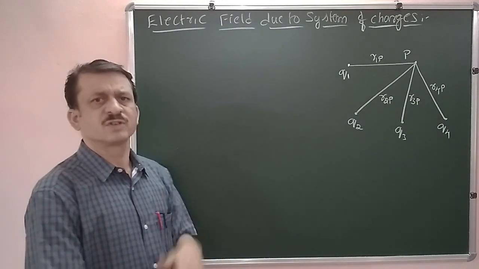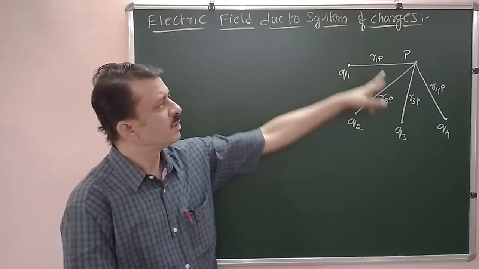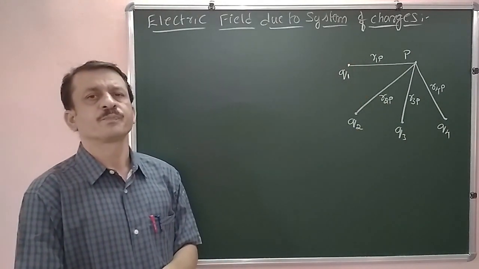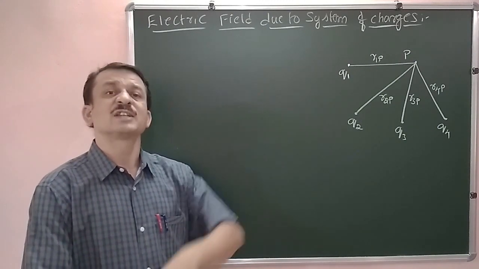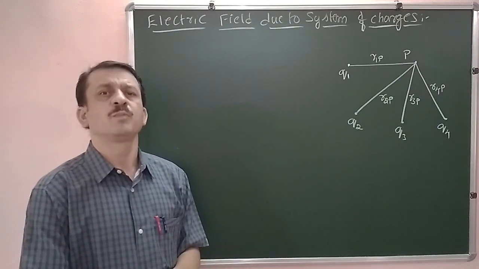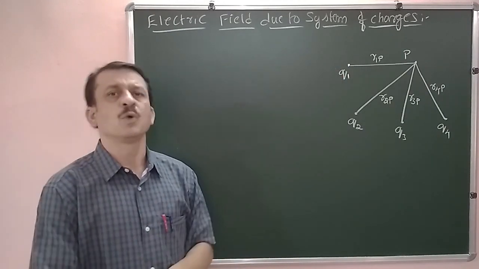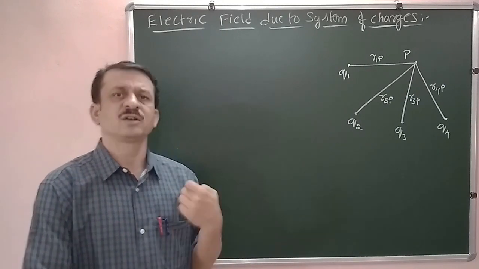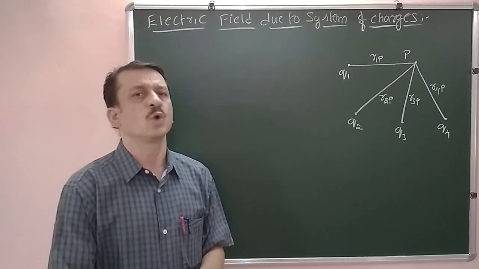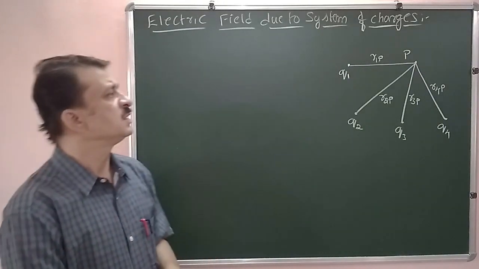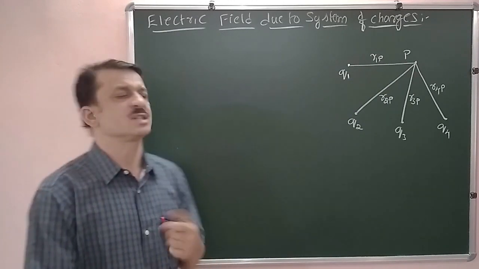With the definition of electric field, the total electric field at point P is the net force experienced by a unit positive test charge placed at that point. The net force experienced by a unit positive test charge placed at point P is called the electric field due to the system of 4 charges.